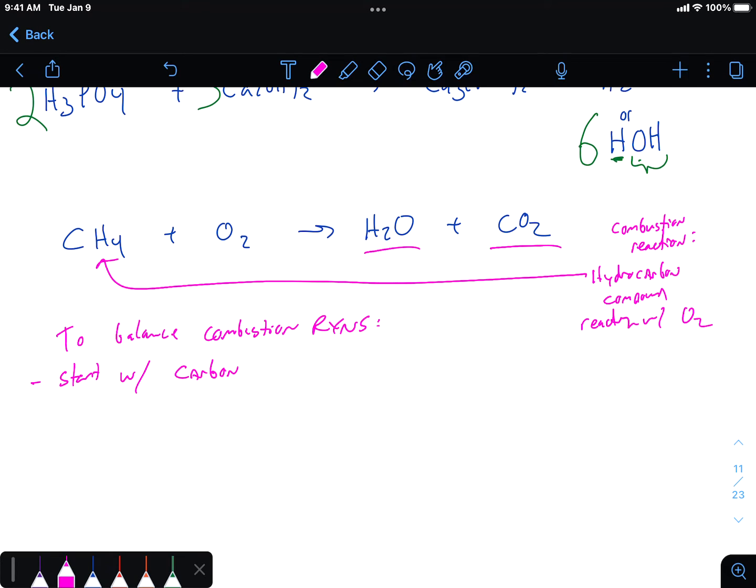Next, do hydrogen. Okay, so now I have 4 hydrogens on the left side, and I only have 2 hydrogens on the right side. Okay, so to fix that, let's multiply the water by 2. And so now I have 4 waters, or 4 hydrogen atoms.